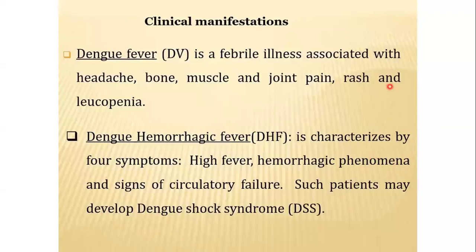So you'll have the purpura. Remember purpura, as Wycliffe had helped us to define it, the microvascular hemorrhage beneath your skin. You'll have purpura, you'll have ecchymosis, you'll have hematemesis. Hematemesis is when you vomit blood. You'll have melena.